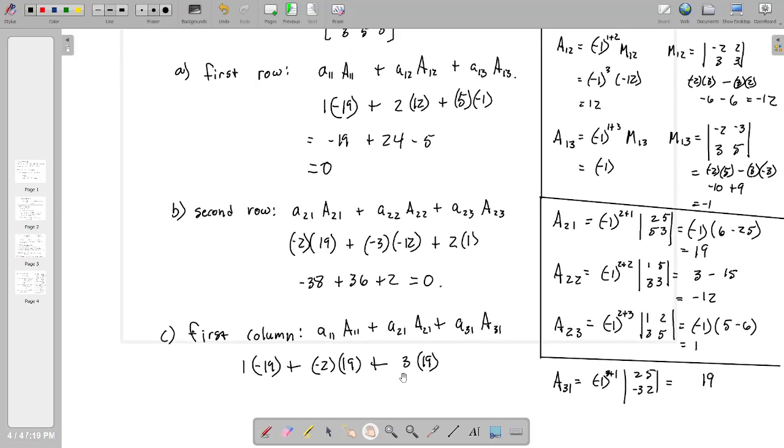This actually is really nice. A negative 19 plus 2 negative 19s plus 3 19s.